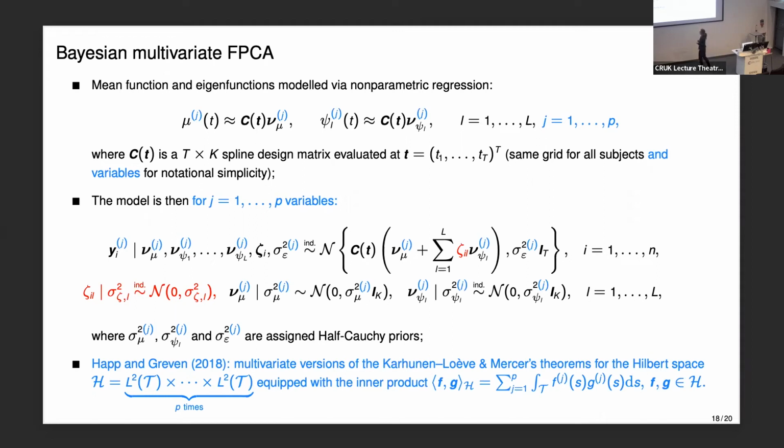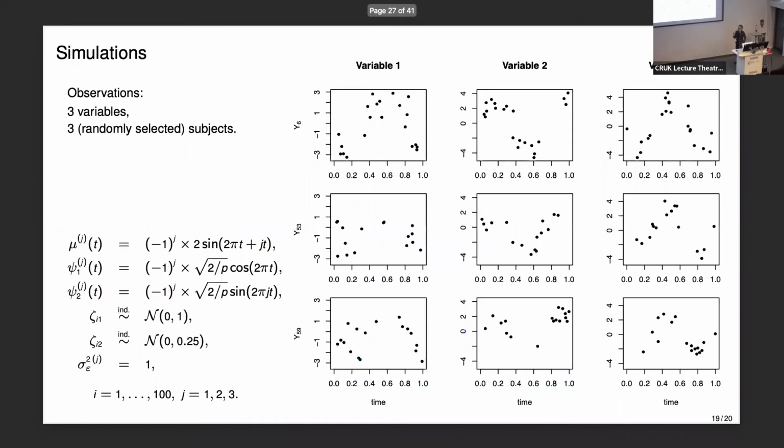And again, it can be shown that there exists a unique set of orthonormal eigenfunctions and uncorrelated scores, such that we can actually regain the FPCA decomposition corresponding to a multivariate version of the Karhunen-Loève theorem for this new Hilbert space here.